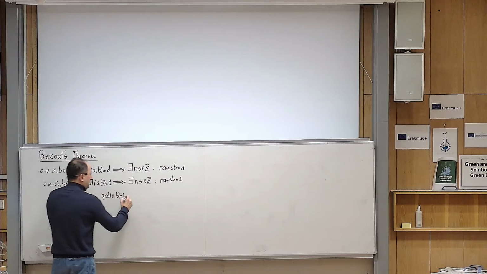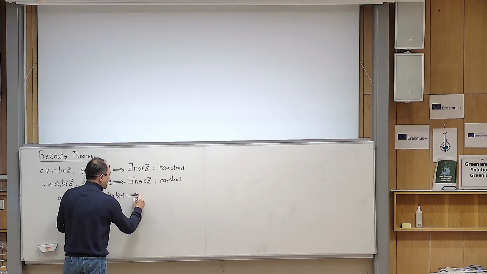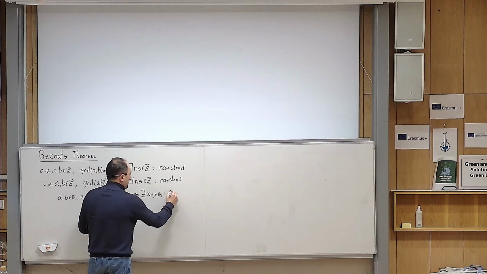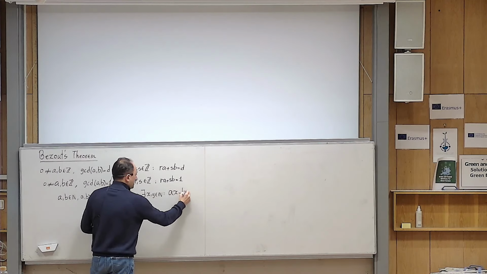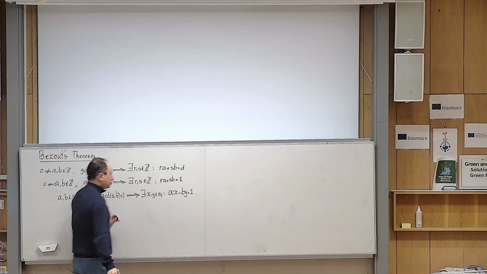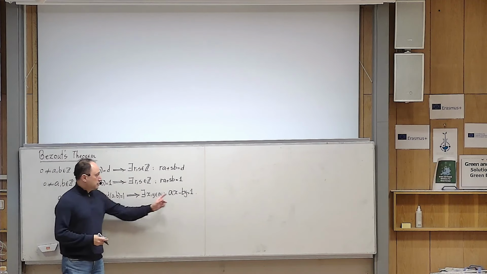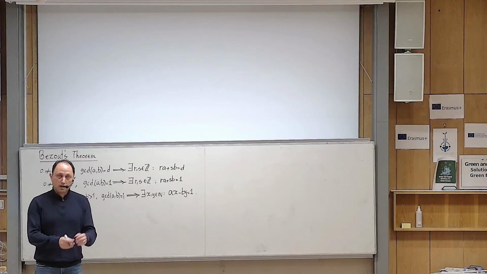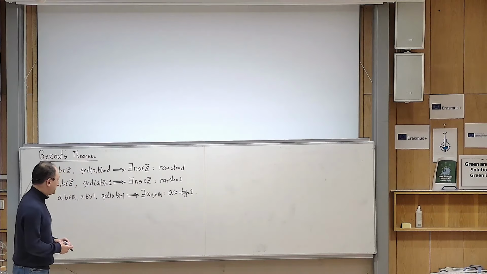I am claiming that I can grant the existence of two natural numbers x and y such that ax minus by is equal to 1. You will see why it will be crucial to have natural numbers in the way that I want to present the solution for it.